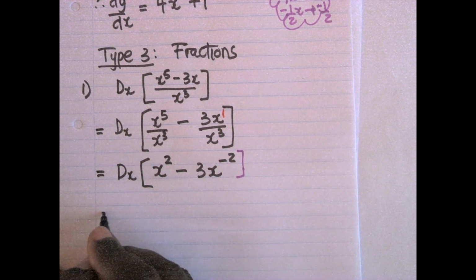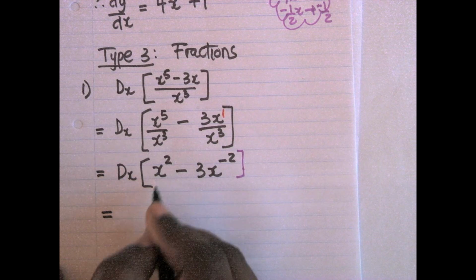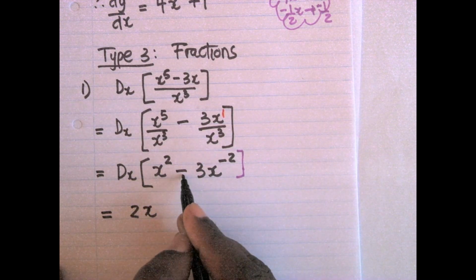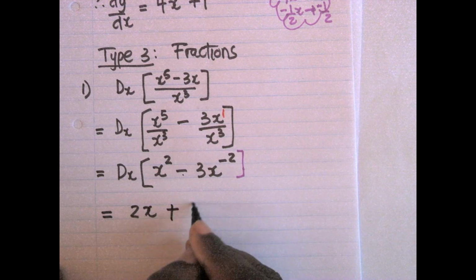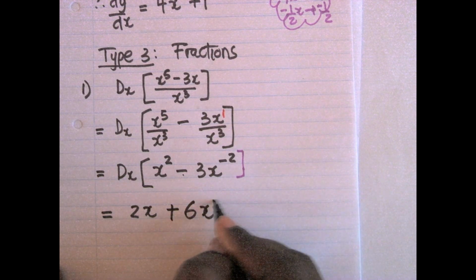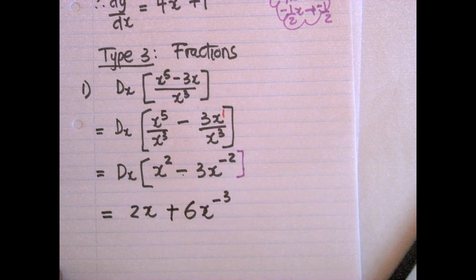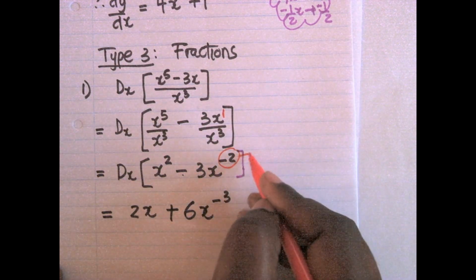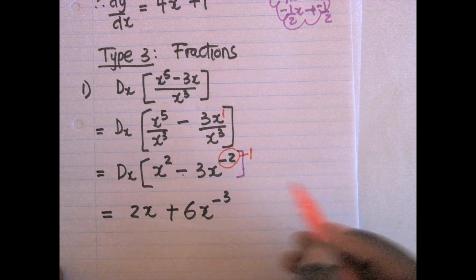So my answer is going to be, if I differentiate here, this is going to be 2x. And when I multiply here, there's a minus and a minus. This is going to be plus 6x to the power of negative 3. I want to keep on reminding you that the power reduces by 1. We do not add 1.